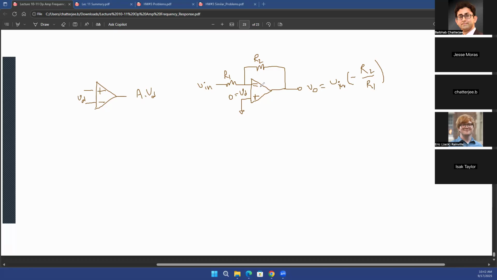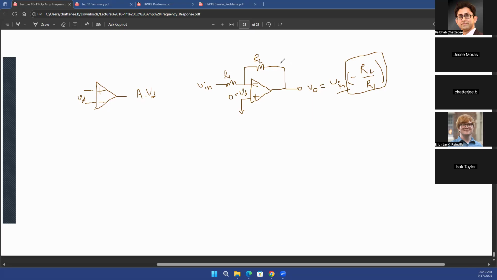So why do we not see 0 at the output? Why do we see the input multiplied with a particular amount of gain? That could be a confusing question: if my input has a virtual ground, why does my output have a finite value? Why is it not 0? Because 0 multiplied by anything should be 0.